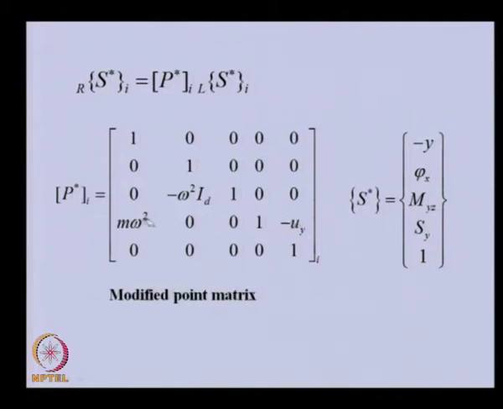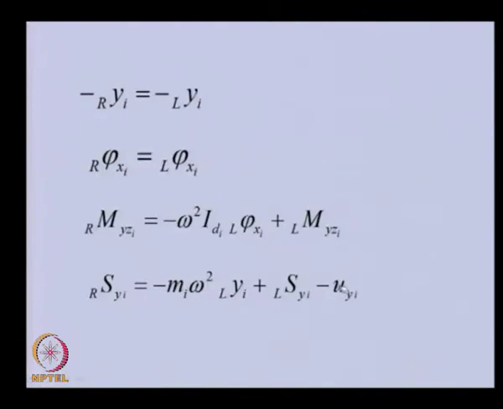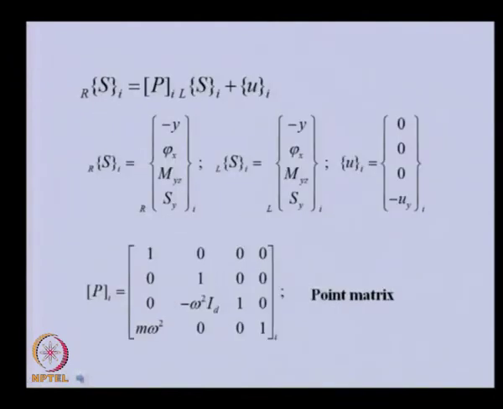If we substitute this point matrix and state vectors here and expand the fourth equation, we will get the same equation as the previous one, but now the unbalance is inside the matrix.